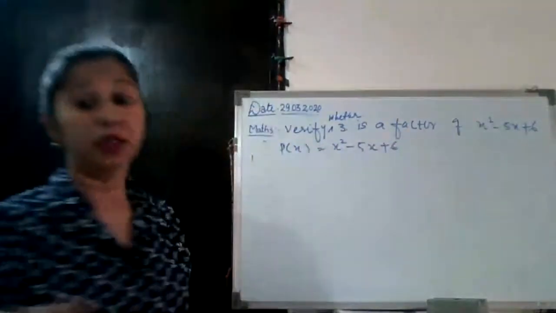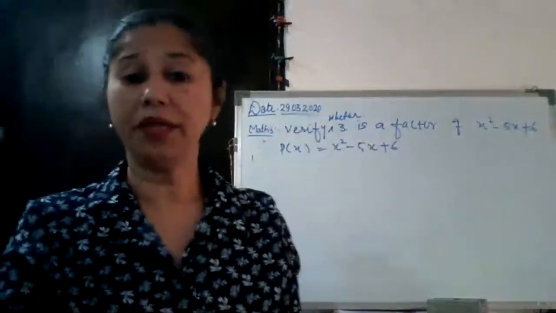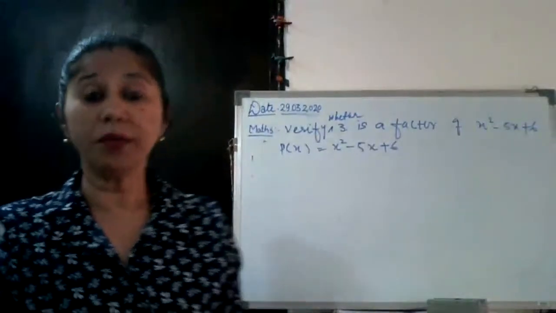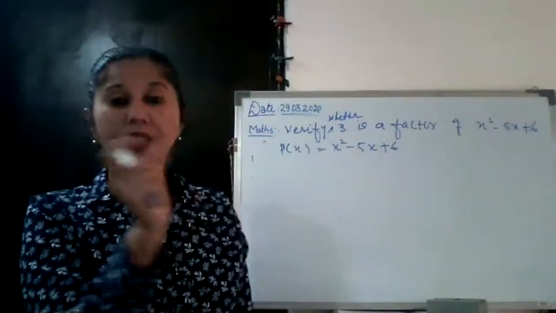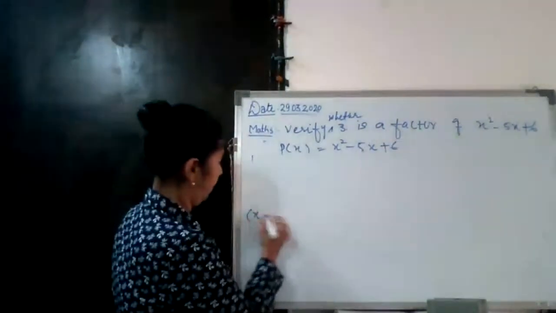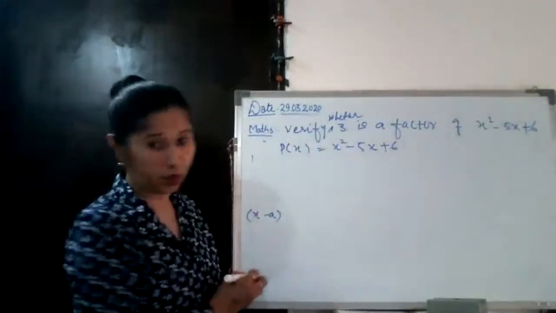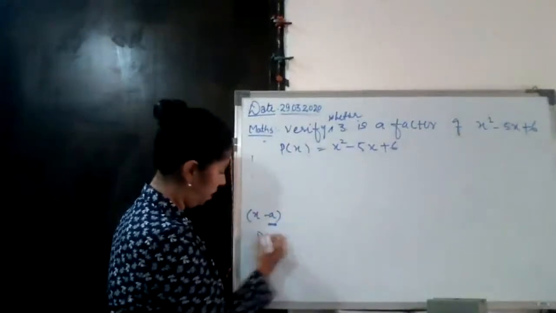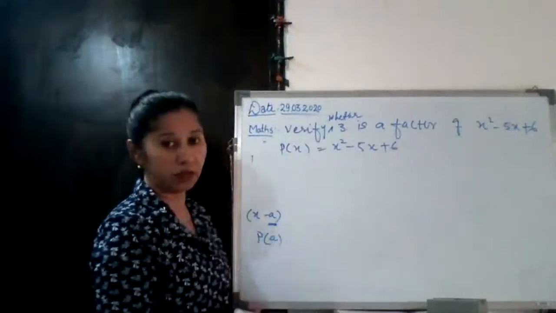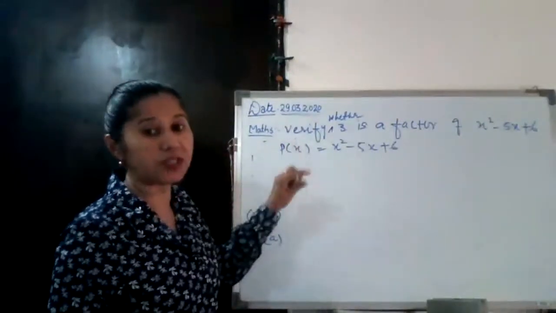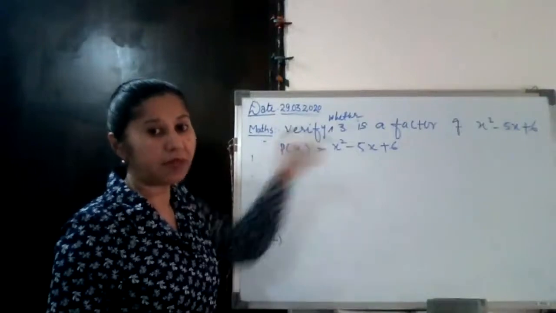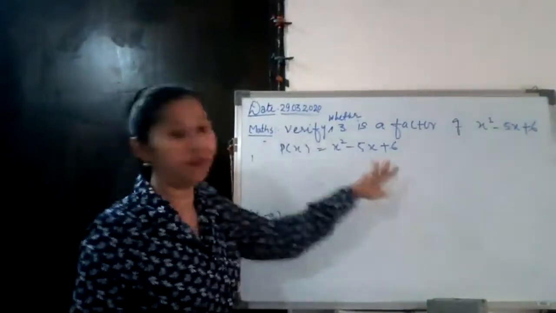So I hope you remember, you have to use your remainder and factor theorem. And what remainder theorem says is that if x minus a is a divisor, then you substitute a, that is, find p of a. That is, instead of x you substitute a, and find the value.